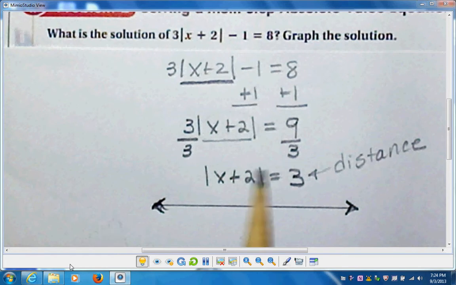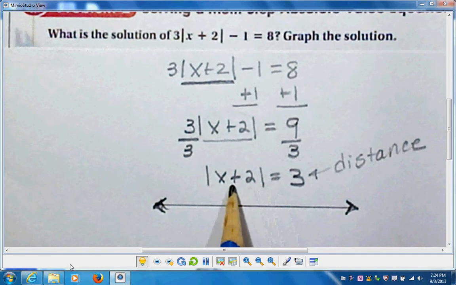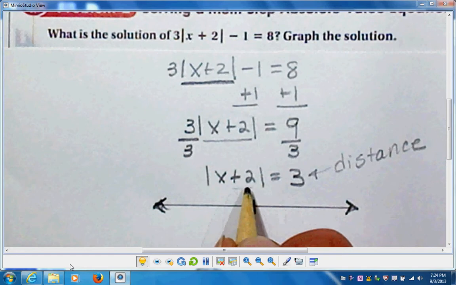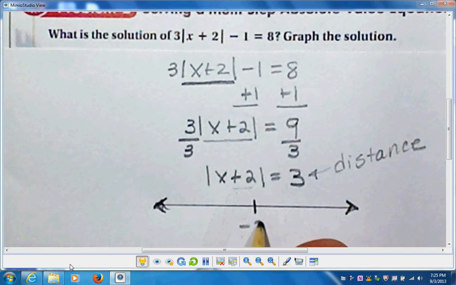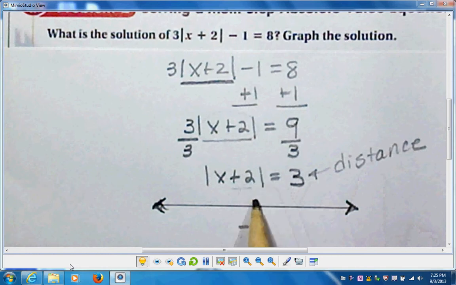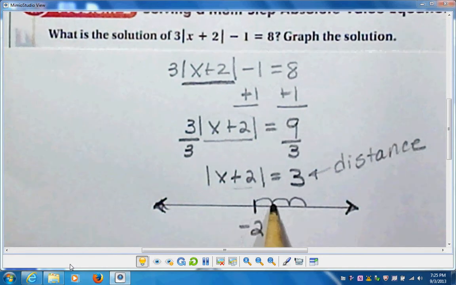Well, my center point happens to be the opposite of what I see here. So what's the opposite of 2? Negative 2. So I'm going to go a distance of 3 to the right. 1, 2, 3. So it's negative 1, 0, 1.